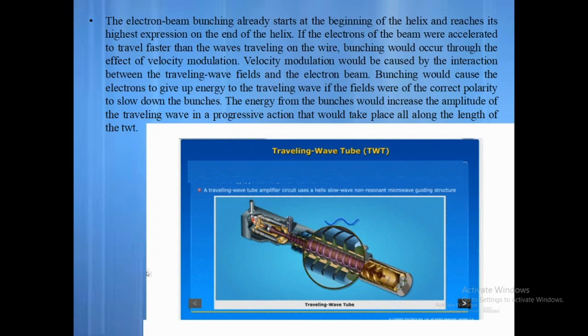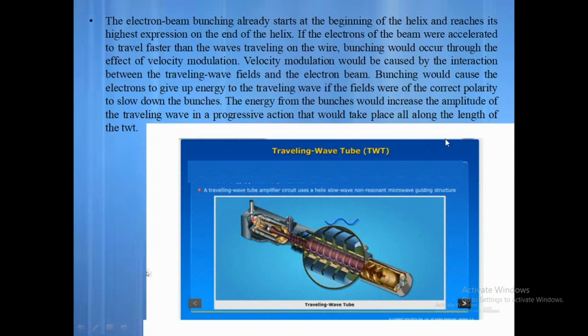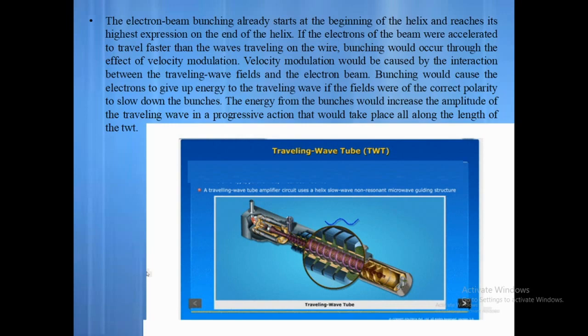So revision: the electron beam bunching already starts at the beginning of the helix and reaches its highest expression at the end of the helix. If the electrons of the beam were accelerated to travel faster than the wave traveling on the wire, bunching would occur through the effect of velocity modulation.